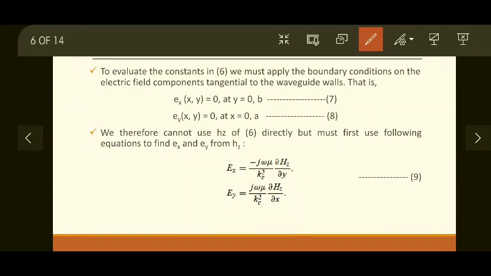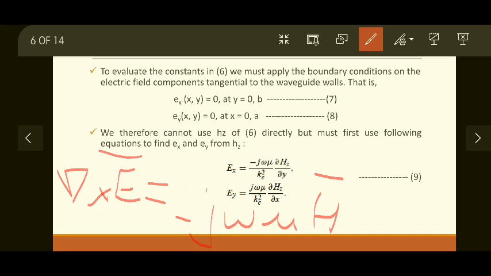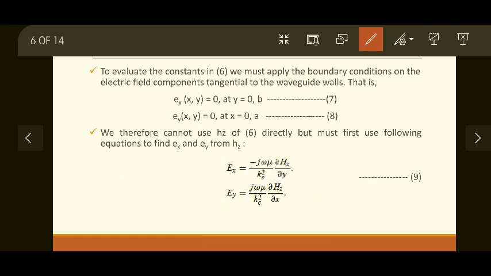Now in the Maxwell equations, you recall, you will find del cross E is equal to minus j omega mu H. Using this equation, we can find out the Ex component and Ey component. Okay, so using that, the general solution can be found out like this.